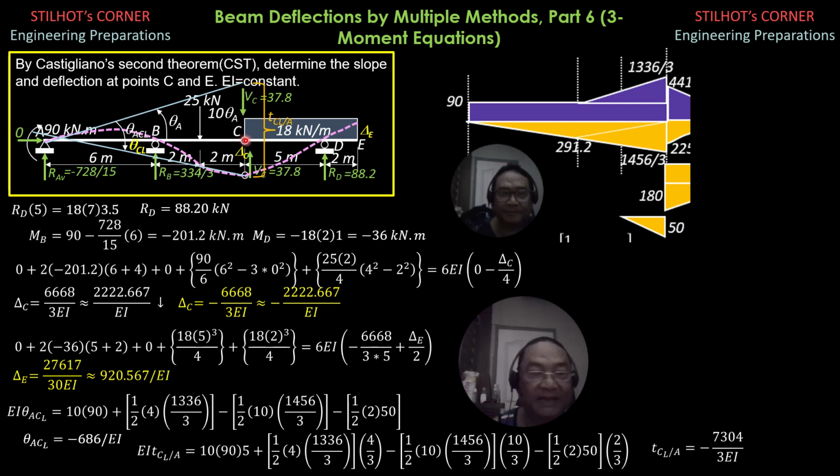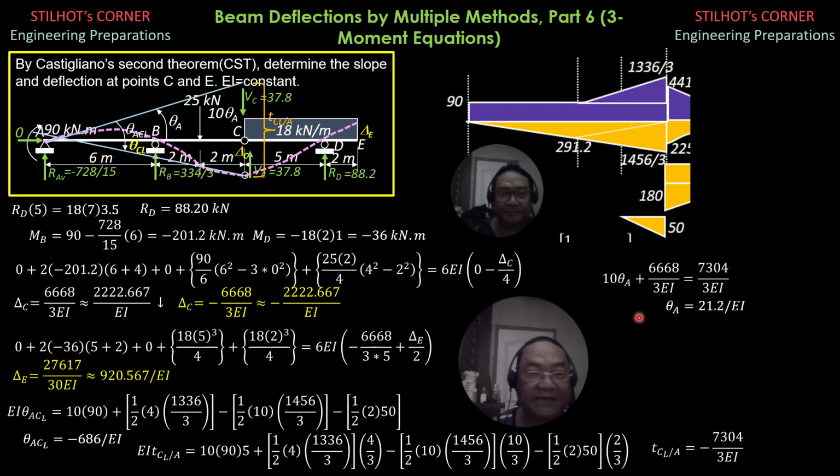So 10 theta A, because theta A is anticipated positive also, plus the absolute value of delta C must equal the absolute value of the deviation of C left relative to A. So this is treated positive, although it's negative here, because everything is treated positive. So that is 10 theta A plus delta C, which is 668 over 3 EI, equals the absolute value of 7304 over 3 EI, which is this. So theta A can now be computed.